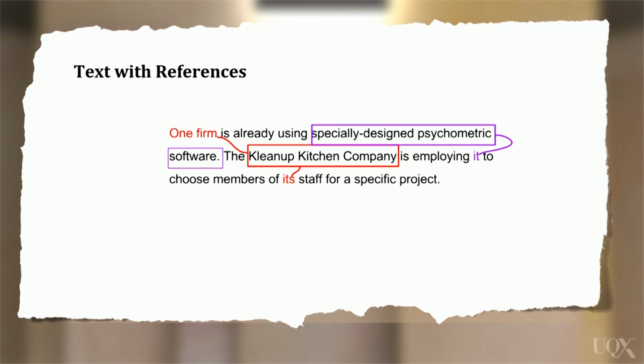It refers to specially designed psychometric software. The reference word it comes after the type of software that is described. And finally, the word its refers to the clean-up kitchen company's staff. So this reference word also refers back to this particular company.